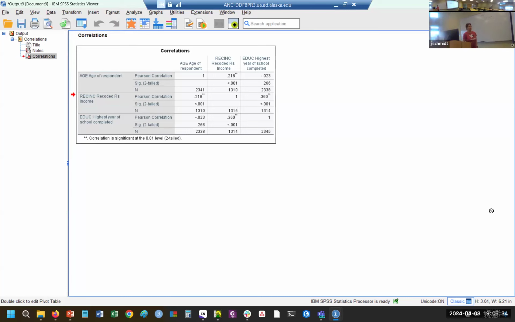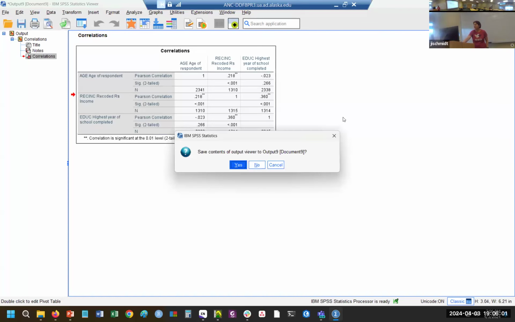So age is moderate, education is strong. So in this case, it's definitely a confounding factor, and you would want to include education and age in any prediction of people's income. Okay? Good.